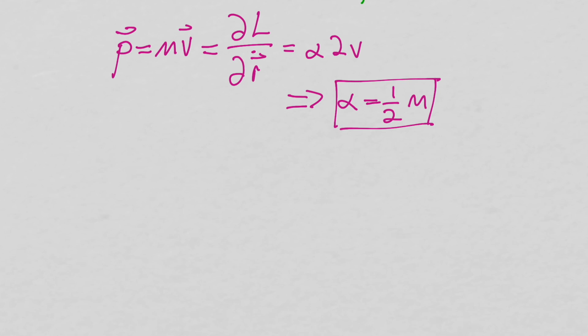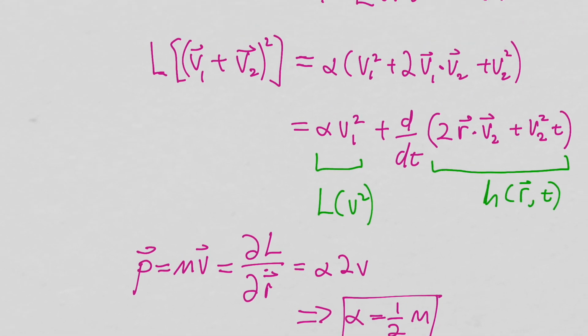And if L is actually alpha v squared, then dL/dv is going to be alpha times 2v. So in order for this thing here to actually equal the momentum, we pick alpha to be 1/2 m. Pretty common way of looking at this is the way we choose this constant of proportionality has to be based on experimental evidence. And so that's how we get that.